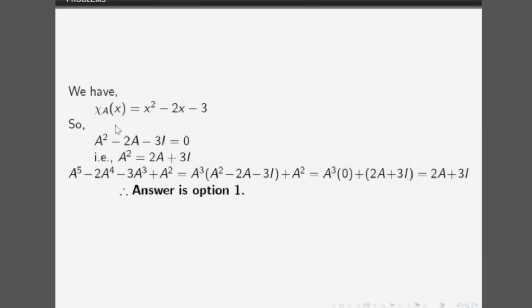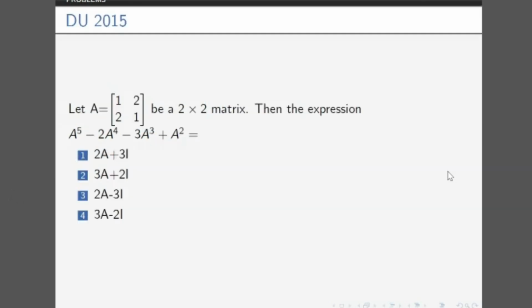So using the Cayley-Hamilton theorem, A squared minus 2A minus 3I is 0, from which A squared is 2A plus 3I. Substituting it in the equation that was given to us, it will directly yield 2A plus 3I, which is option 1. Okay, very good.